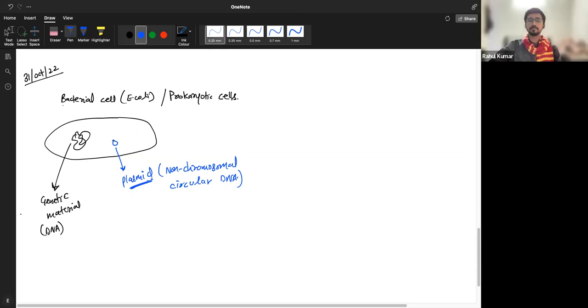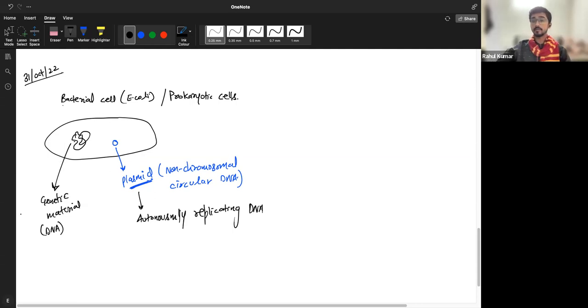Okay, no problem. So you can write down: some bacteria, not all, but some bacteria have an autonomously replicating, and what do we mean by autonomously replicating? It replicates on its own, independent of the genetic material.